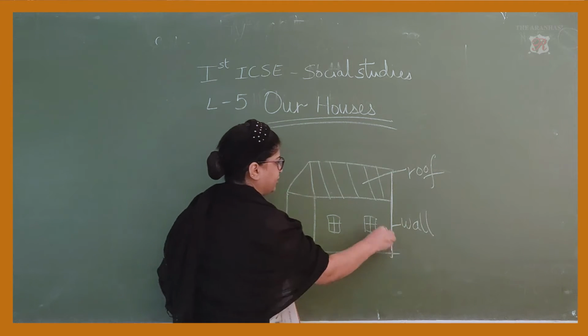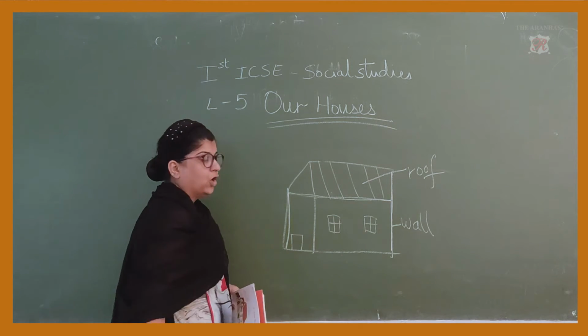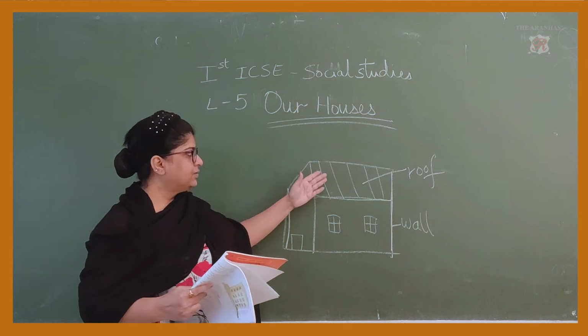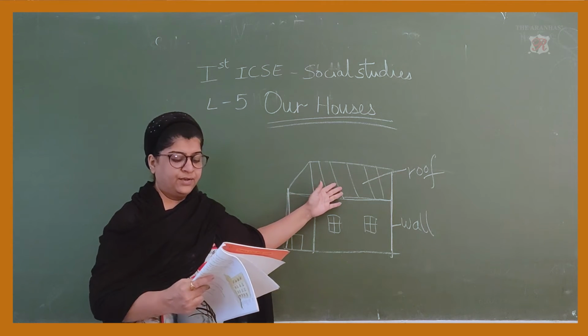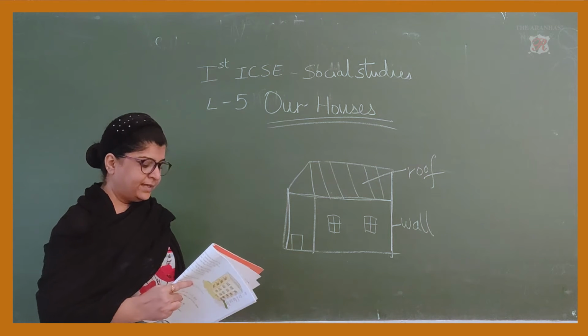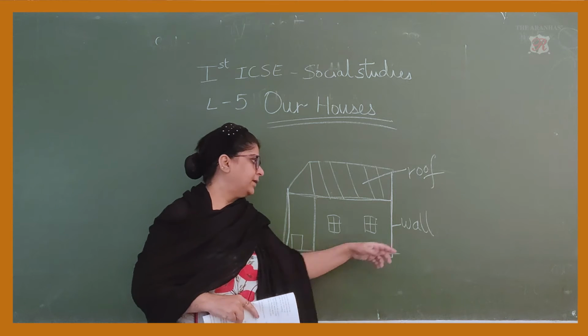These sides which you can see, supporting the house, are walls. So every house has a roof, the roof covers the top of the house, and the sides of the house are called walls.